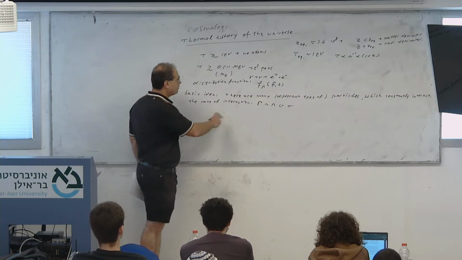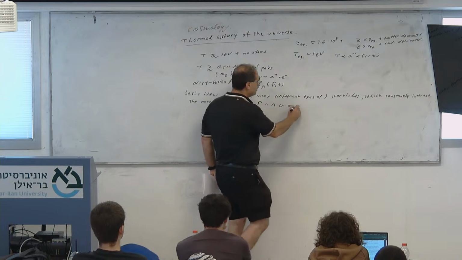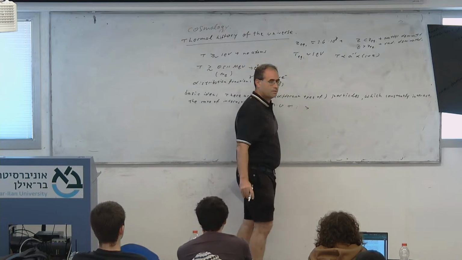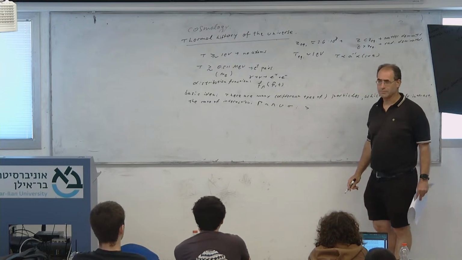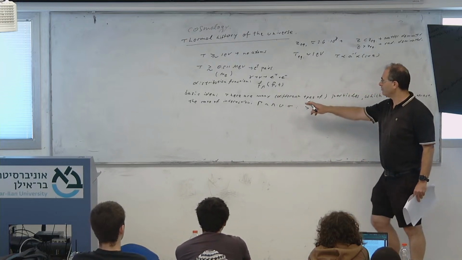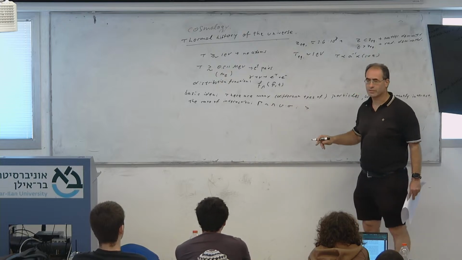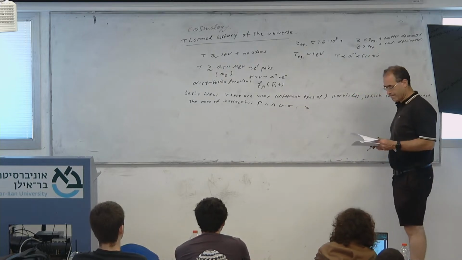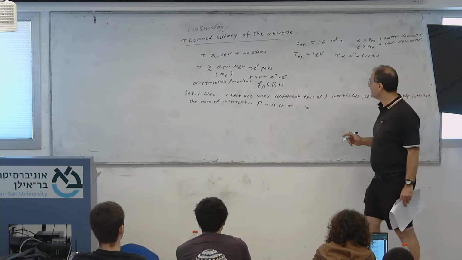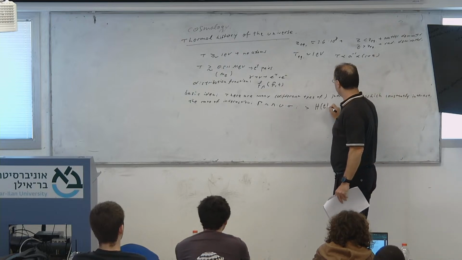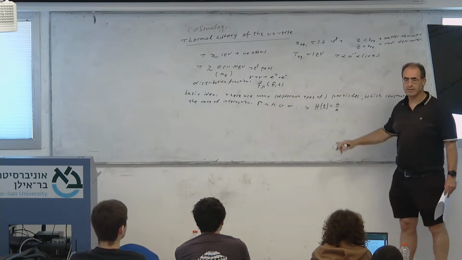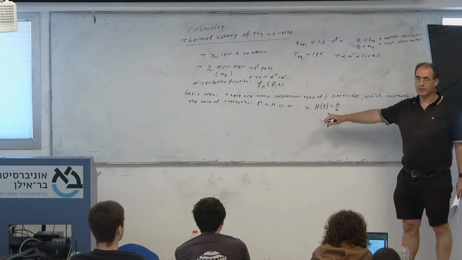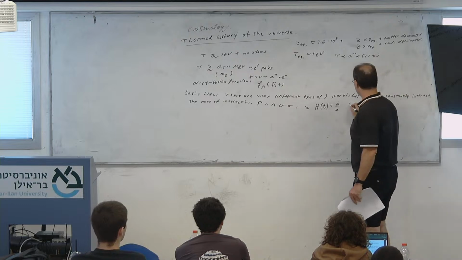So as long as the rate of interaction is greater than what? That's a rate of interaction, so it's 1/time. Then H of t, which is a dot over a, the expansion rate.